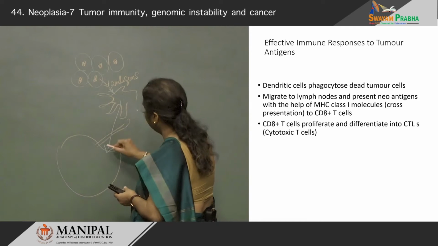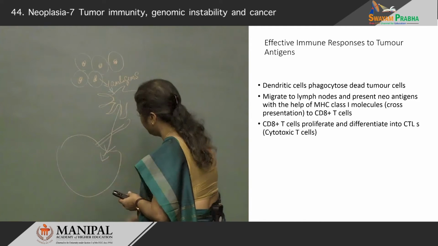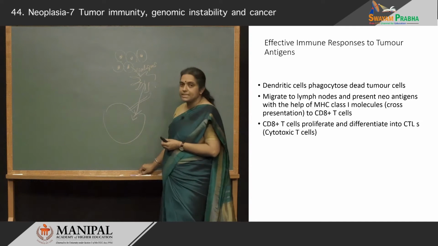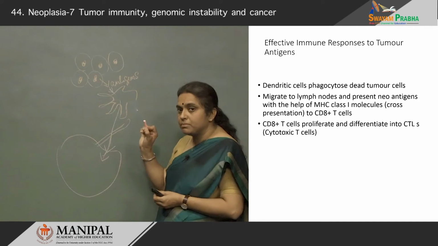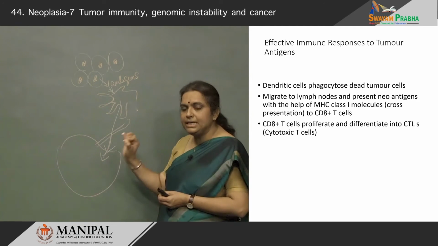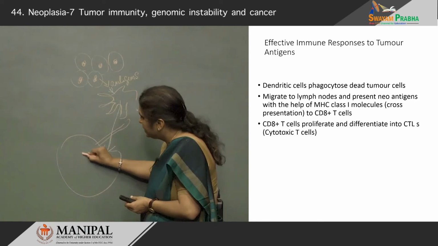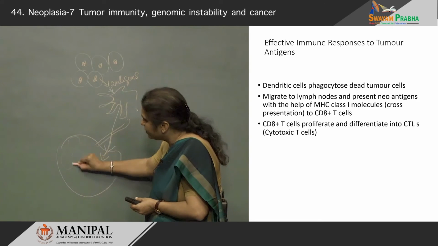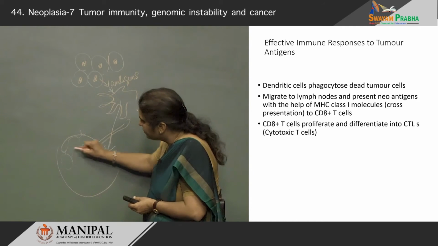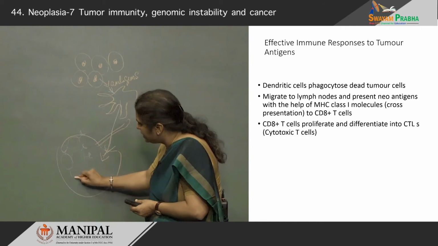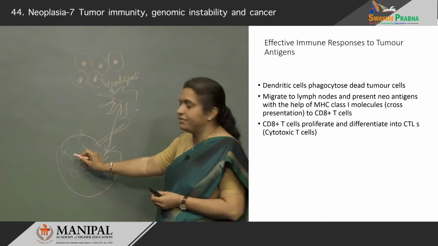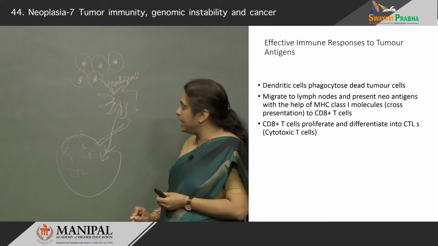This is a lymph node. They take them to the regional lymph nodes, where it causes proliferation of cytotoxic T cells, which recognize these antigens specifically. So, they are highly specific to these antigens. These are cytotoxic T cells, or the CTLs, which are produced and proliferate in response to these antigens.